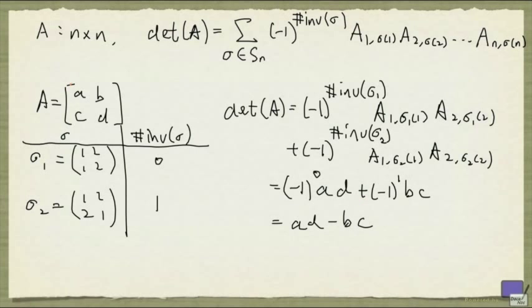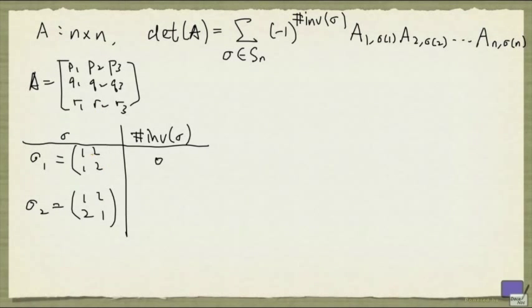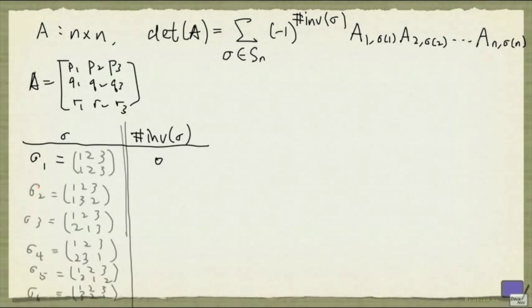Now let's look at a 3 by 3 matrix. There are 6 permutations in S_3, and let me list all of them. Now let's find out the number of inversions of each of these permutations. The identity permutation has no inversion. In sigma 2, the pair 2, 3 is an inversion, and that's all.